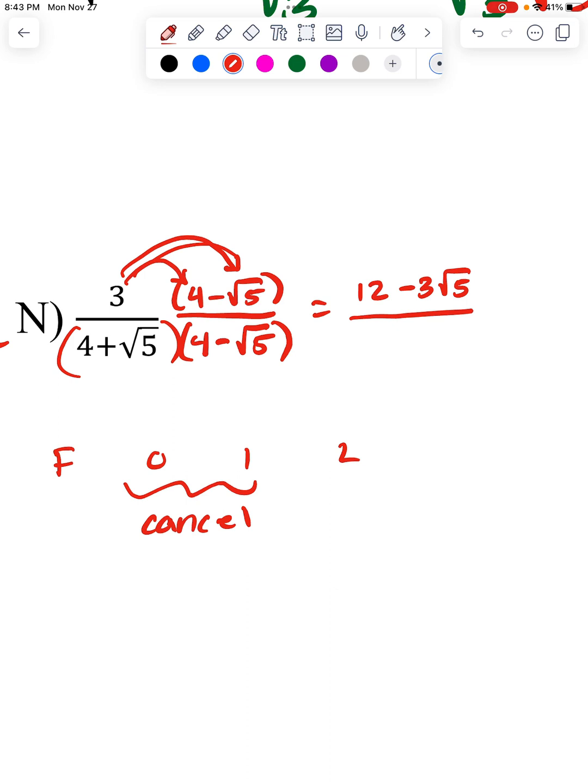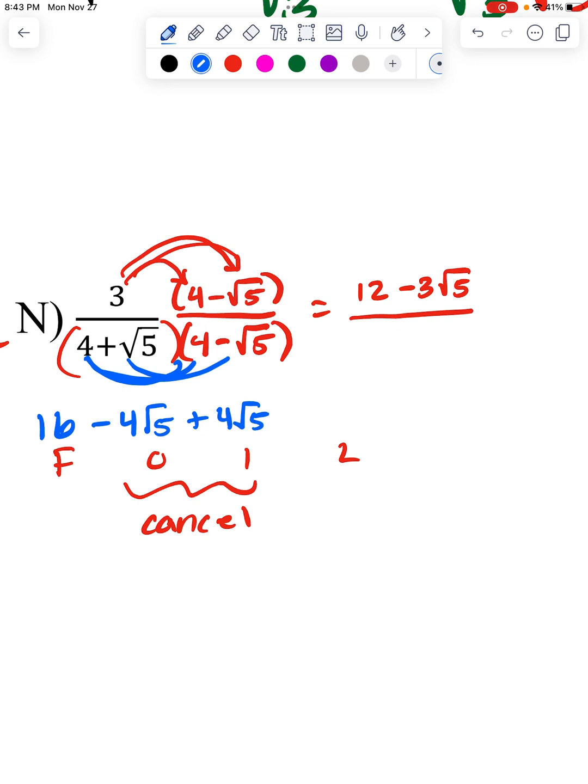I'll show you. Here I'm going to take my first two, 4 times 4. Then the outside is going to be a minus 4 root 5. The inside is a positive 4 root 5 because the 4 and the 5 don't multiply since one is a regular number and one's inside the root.